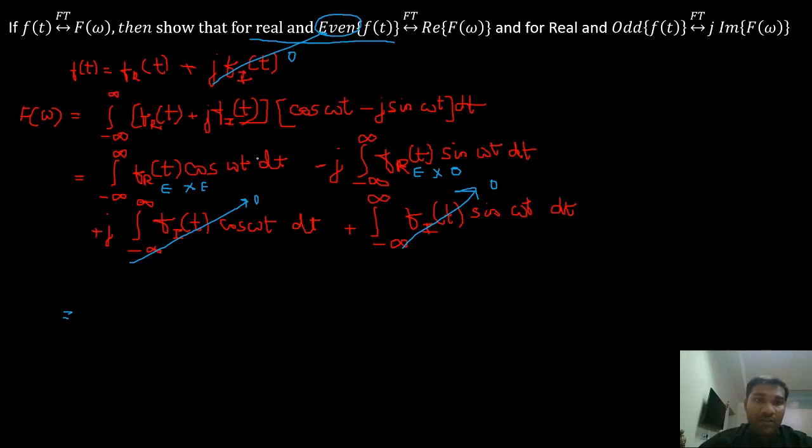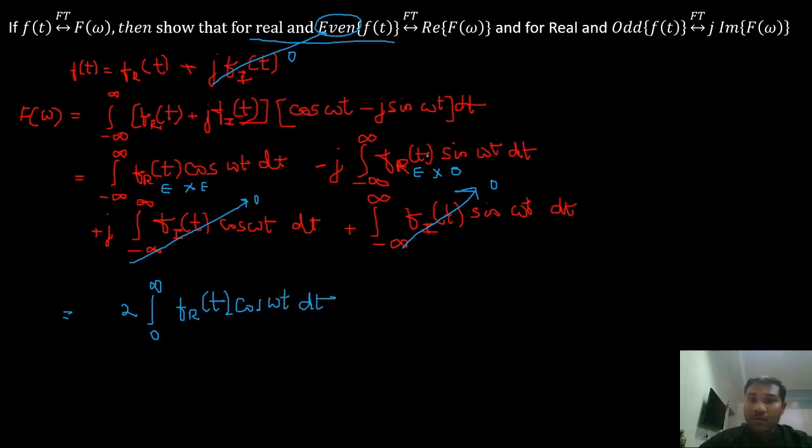The multiplication of this thing is an even function. So I can write it as 2 into integral 0 to infinity f r of t cos omega t dt.